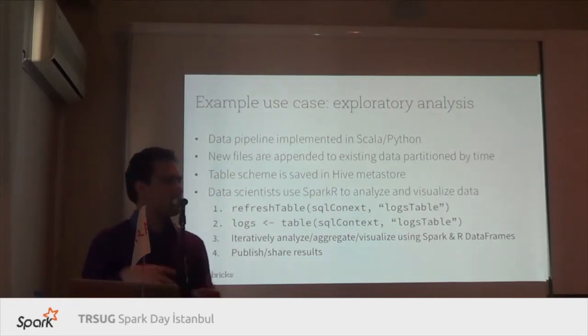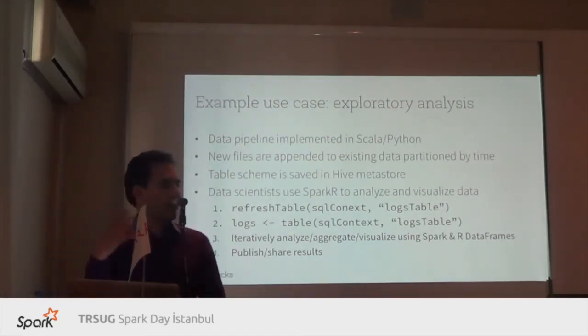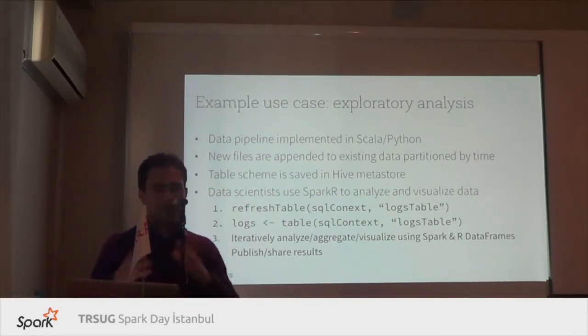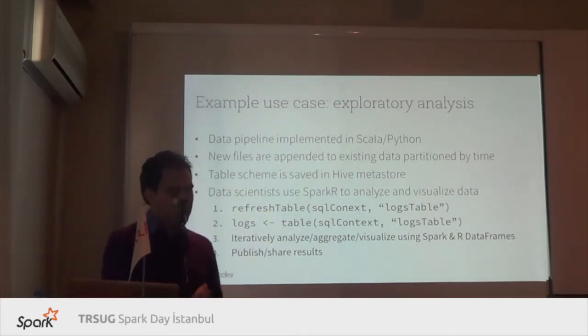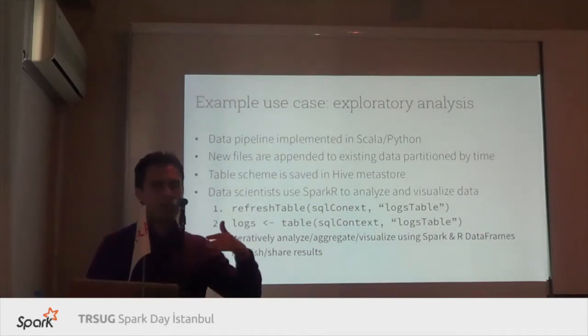The data engineering team usually has a pipeline for this continuously running. And what we have seen, they prefer having their jobs implemented in Java or Scala or sometimes Python. So they want to have a jar that doesn't change. But the data scientists want to use R for exploratory analysis or visualization of the data and generating reports. So they can work together with Spark.